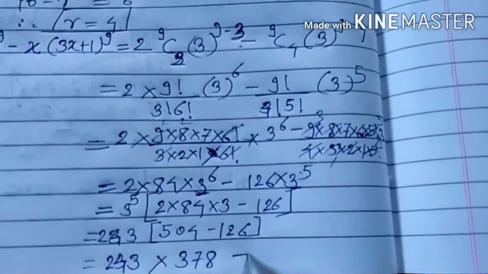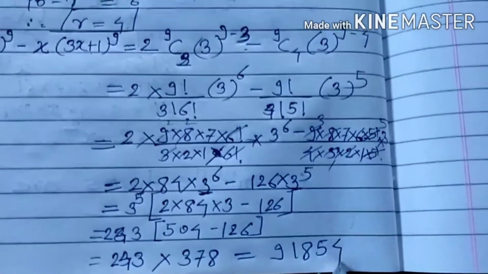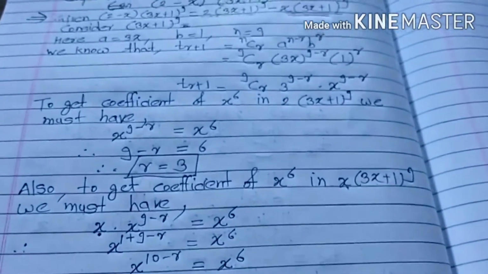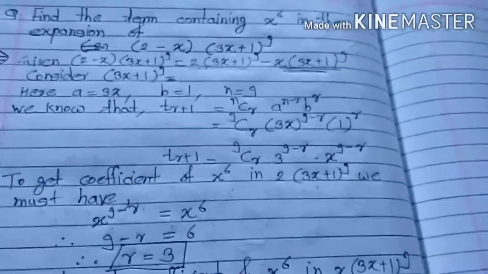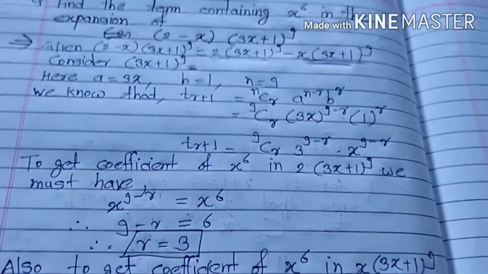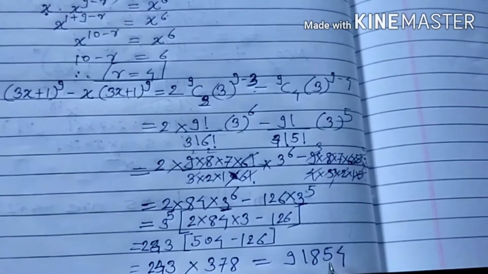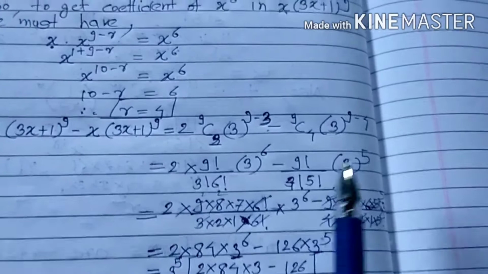And the calculation is 91854. Okay. So you can observe that the term containing x raised to 6 in this expansion is 91854. It is a bigger number.